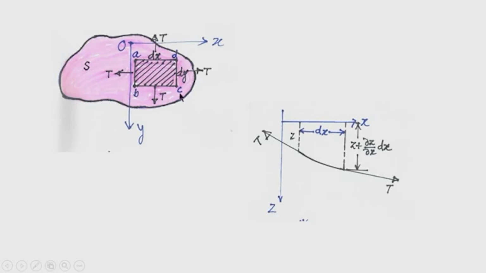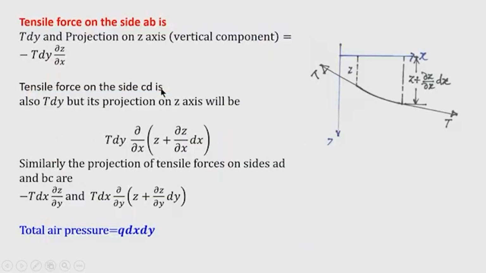Similarly, total tension on the side BC is T into dx. So what I get here, the projection of the tensile force on the sides AD and BC will be minus T dx dz by dy, and it will be T dx del by del y into z plus del z by del y into dy.